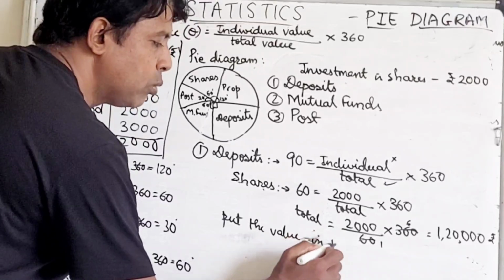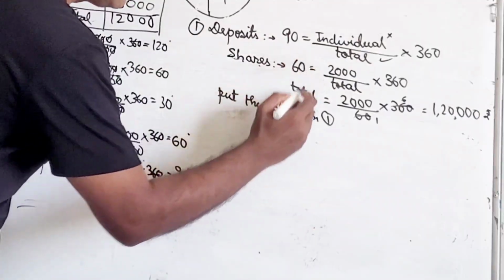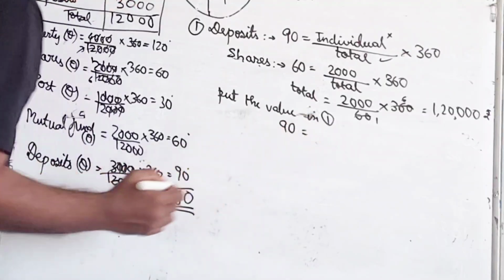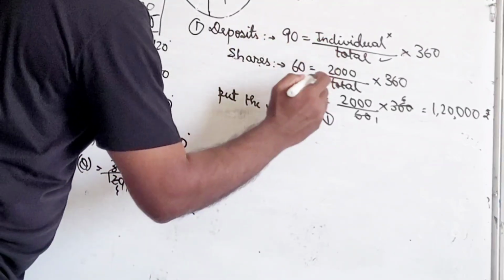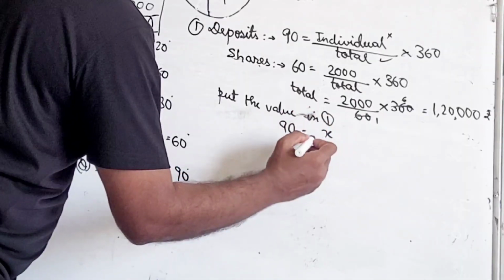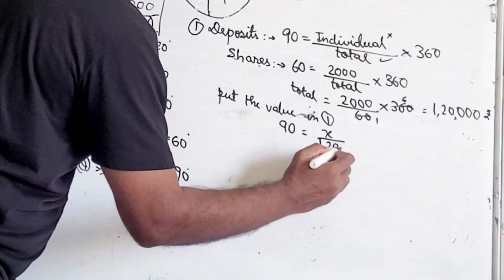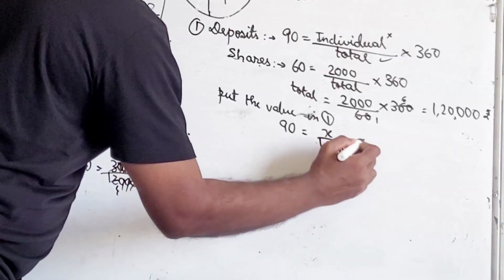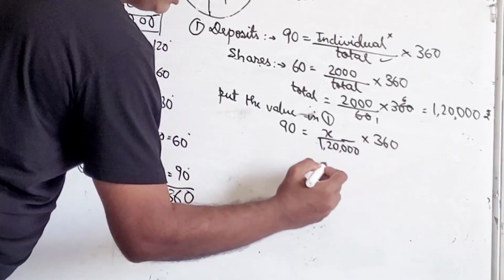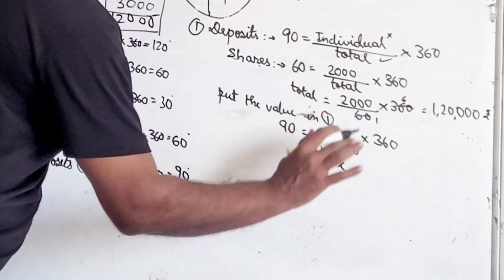So what I'm going to get is, it's going to be 90 is equal to, I want to find out the individual value of deposits. So let me consider it as X upon total value. Now I've already calculated 1,20,000 into 360. So whichever thing you are calculating, it should be in the numerator. It's already there, so let it be there.